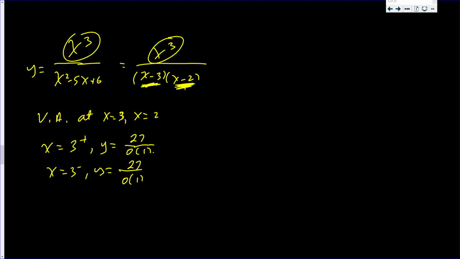More than 0 or less than 0? If you're at 3 and you take away 3, you get to 0. Well, if you're a little bit more than 3 and you take away 3, you'll be a little bit positive. It'll be 0 positive times 1.